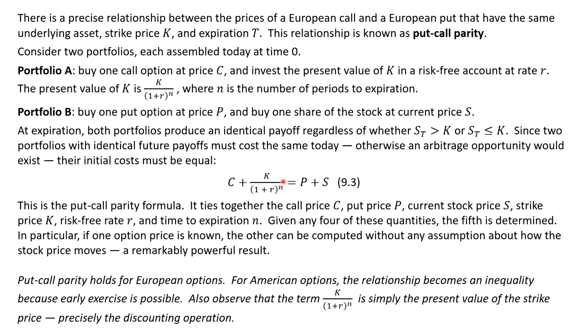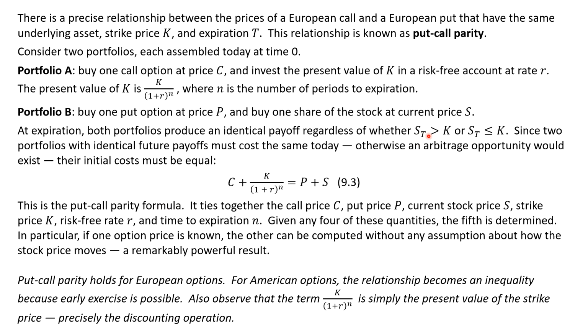So this is the equation, the put-call parity equation. It's just taking C plus K divided by 1 plus R to the N. In other words, the cost of portfolio A, and the claim is that equals the cost of portfolio B, P plus S, and that gives us our formula. And if you're interested in the proof, as I said, just download my book and look at exercise 2 in section 9 and the solution on the next slide.